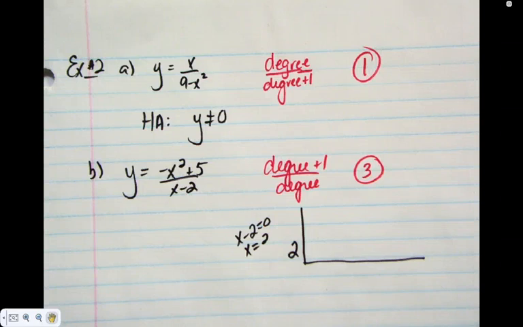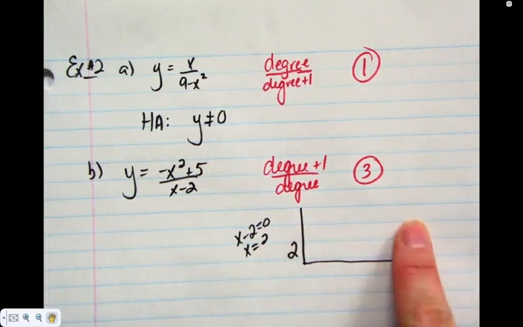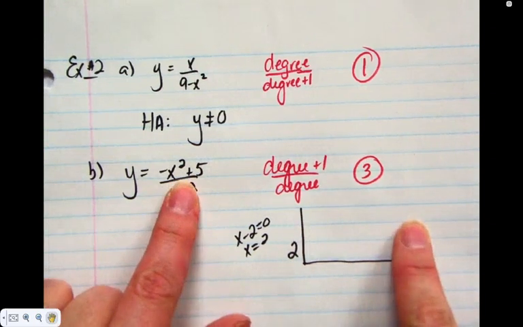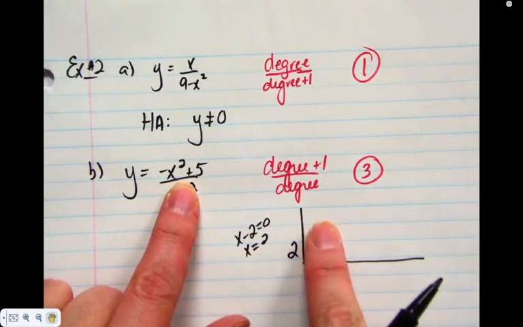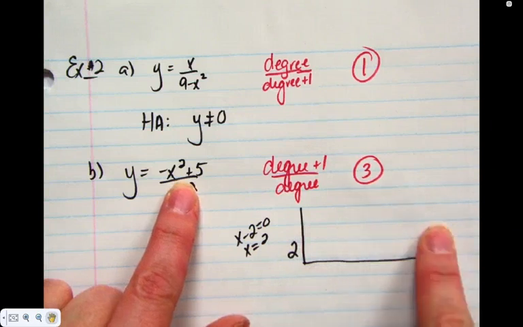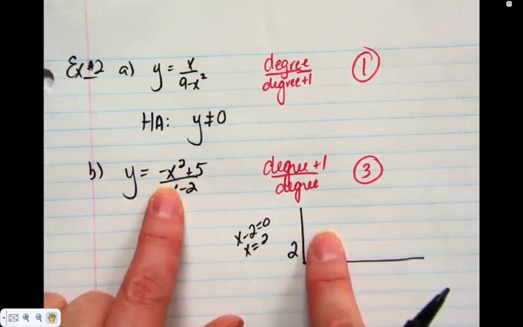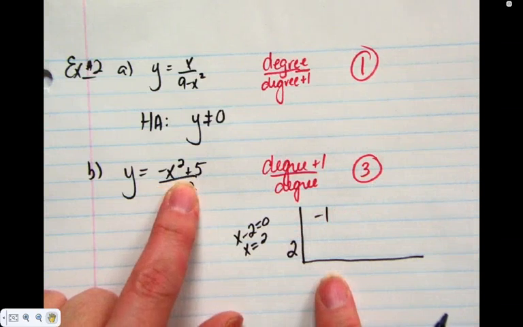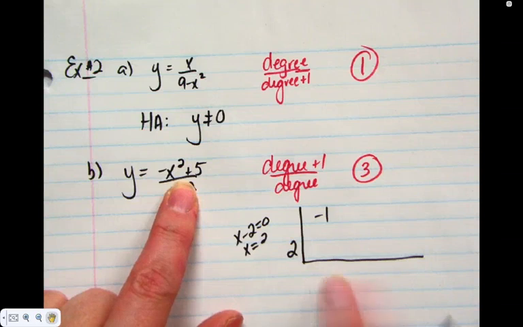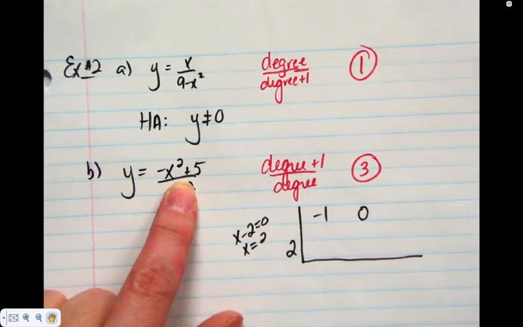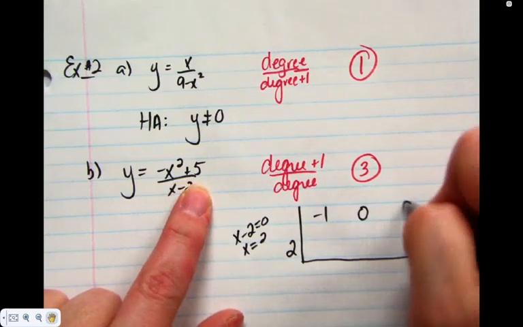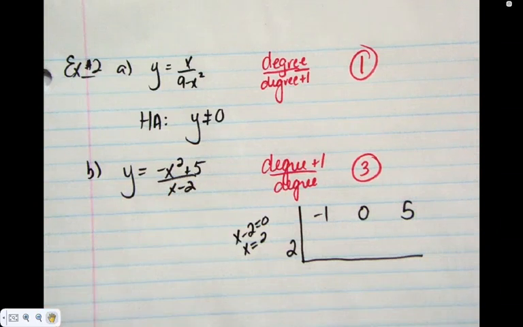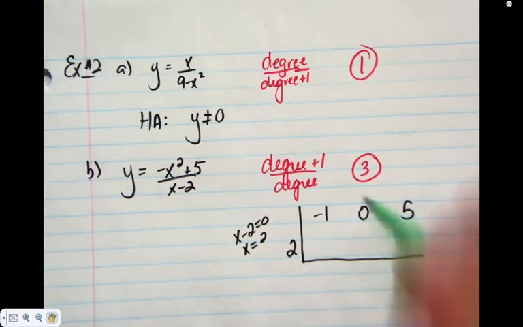Still with me? What I'm going to put up here are the coefficients of the top. I'm going to start with the x squared, and then I'm going to have an x, and then I'm going to have a number. What's the coefficient of the x squared? Well, it's minus 1. What's the coefficient of x? Well, I don't have one, so what coefficient would it have? 0. And then the last is the constant, which is 5. I'm just going to make some notes because it's our first one.